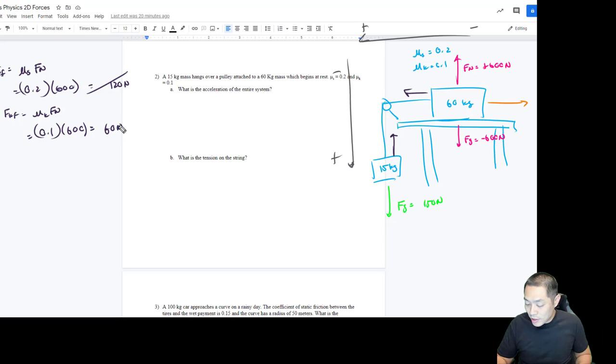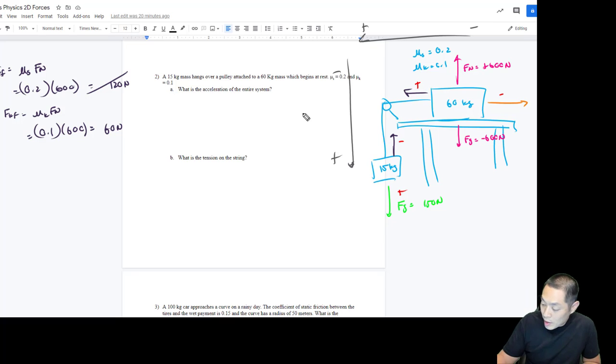So a little less. Now once we have that, we want to make sure we assign all the signs that are correct. This one is negative, this one is positive, negative, positive. So sum of all forces in my direction of motion is equal to a positive Fg minus T plus T minus force of kinetic friction. These cancel out. This is equal to ma.